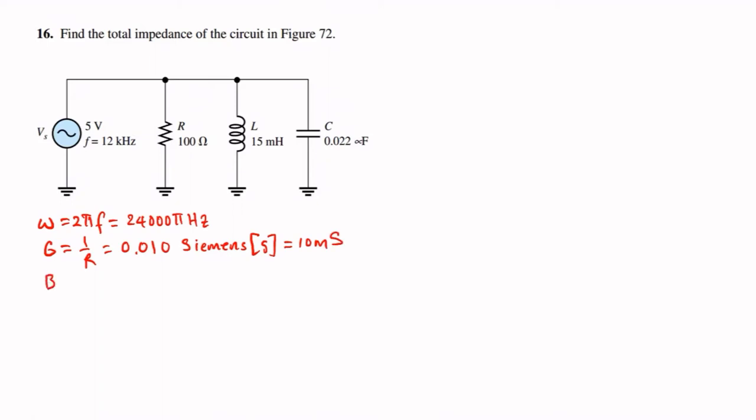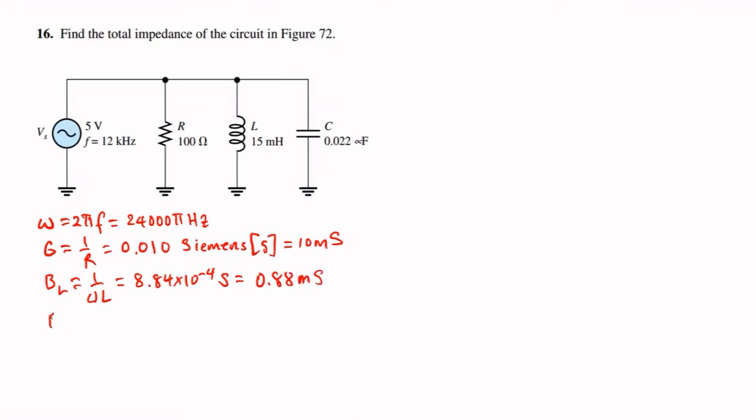For the inductive susceptance, which is the reciprocal of the inductive reactance, which is equal to 1 over omega L, we solve it as 8.84 times 10 to the minus 4 Siemens, or 0.88 millisiemens.